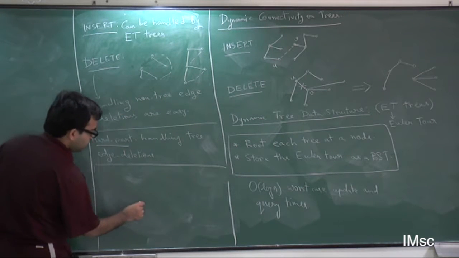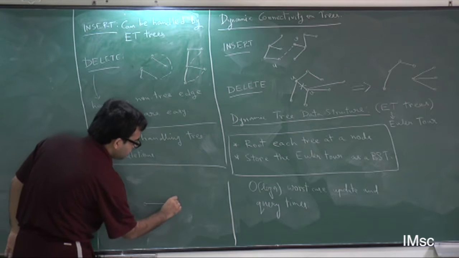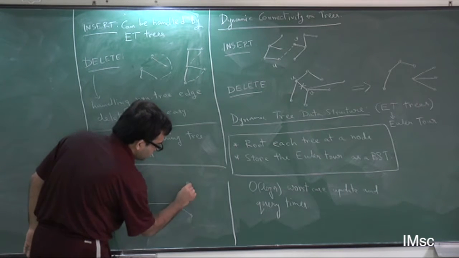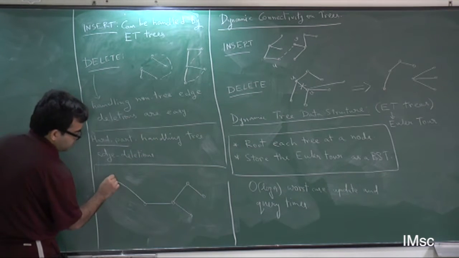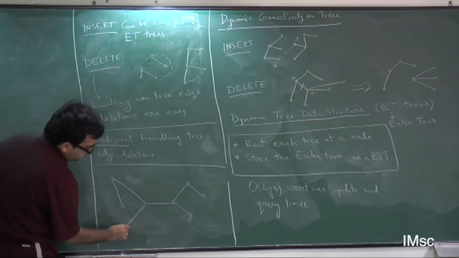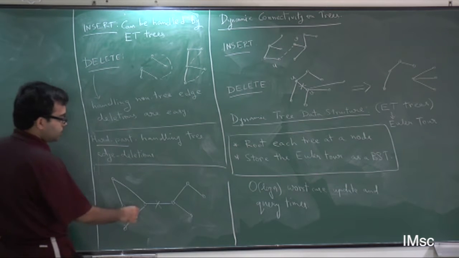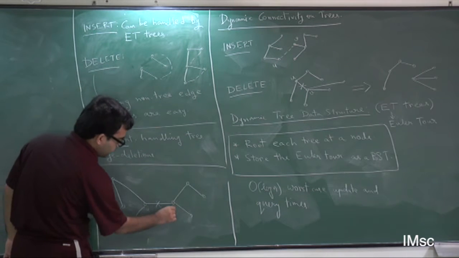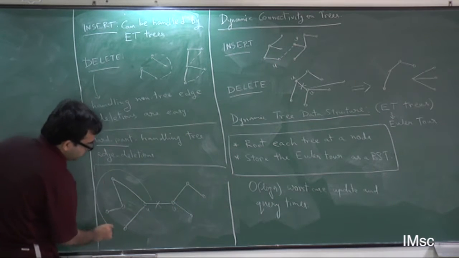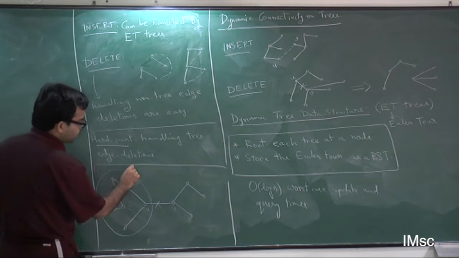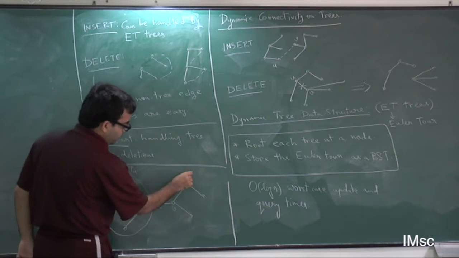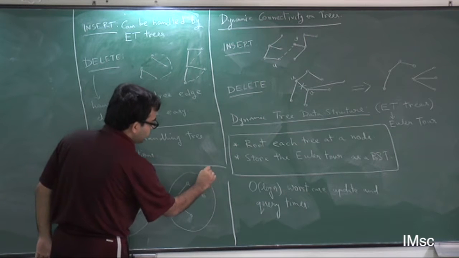So, suppose this is a tree that you are maintaining, the bold edges are the tree edges, and now I delete this tree edge UV. Let the subtree on the U side be called TU, and let the subtree on the V side be called TV.